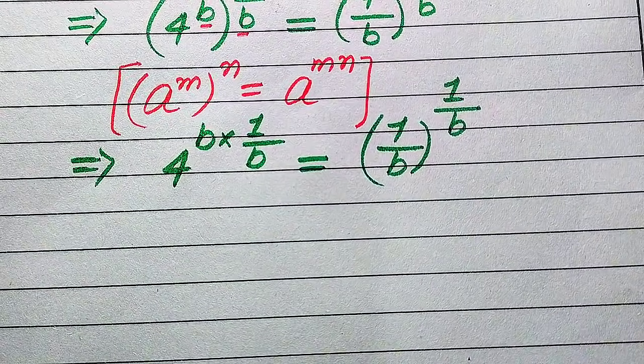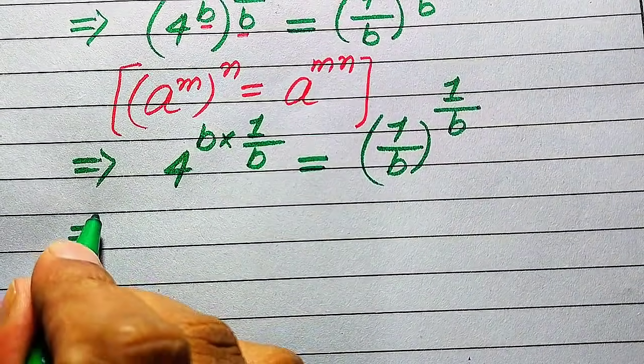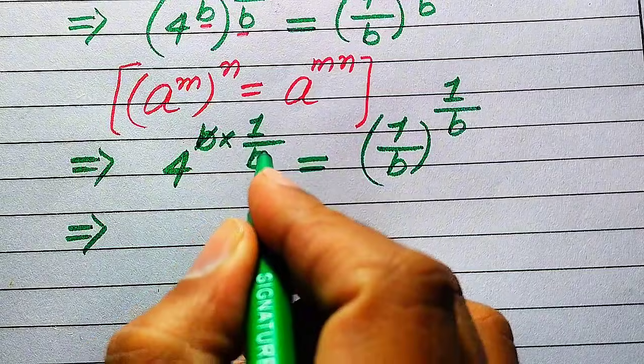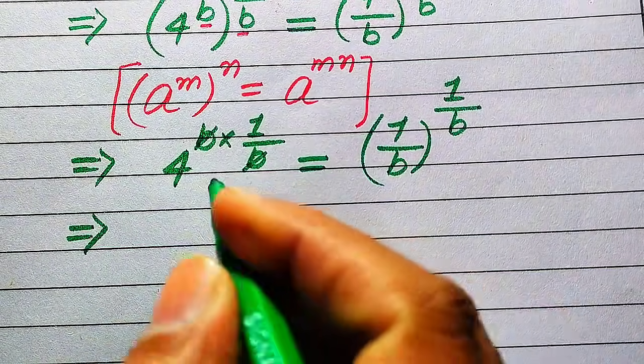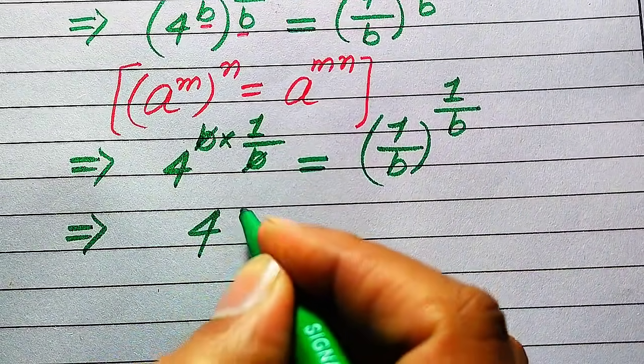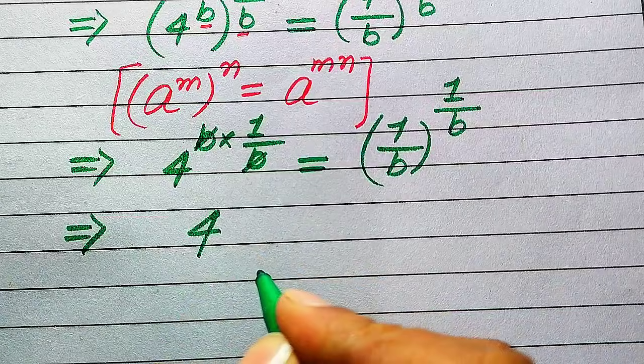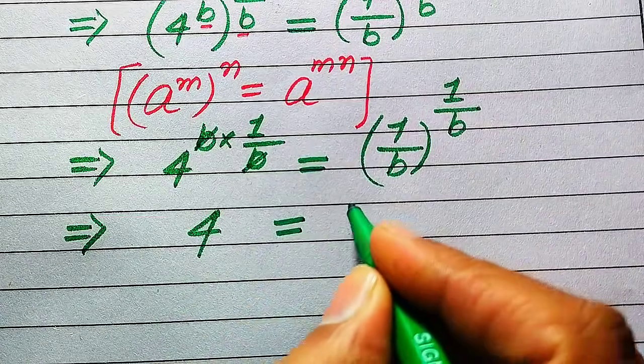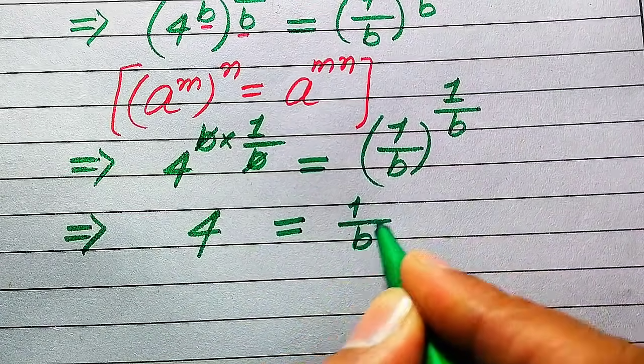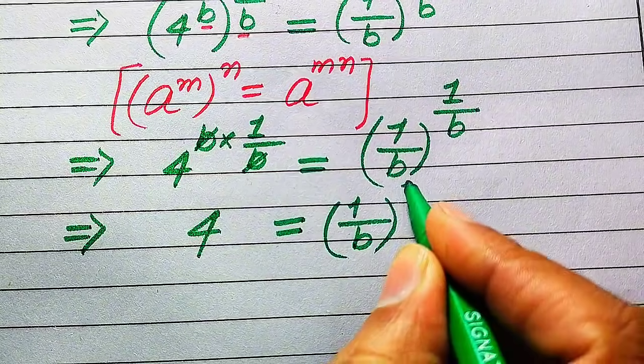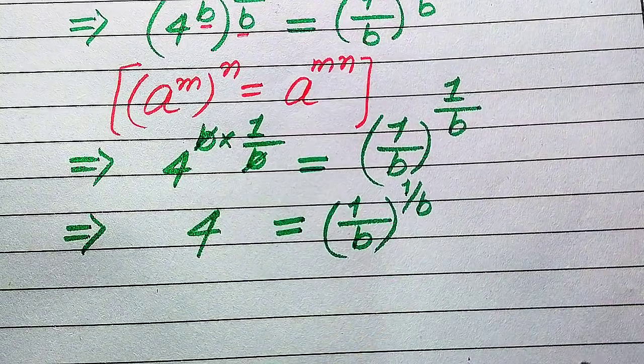And in the next step we need more simplification: you see here this b and this b are cancelled out by each other, and on the left hand side we get only 4, and on the right hand side we get 1 over b, and its whole power is 1 over b.